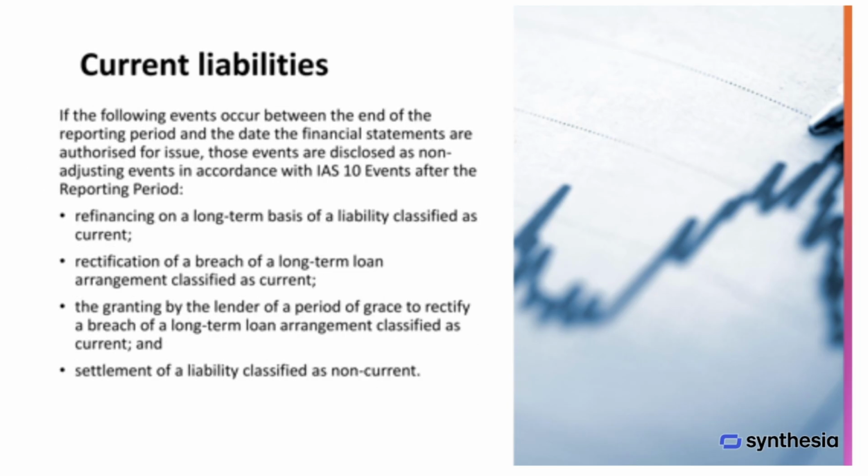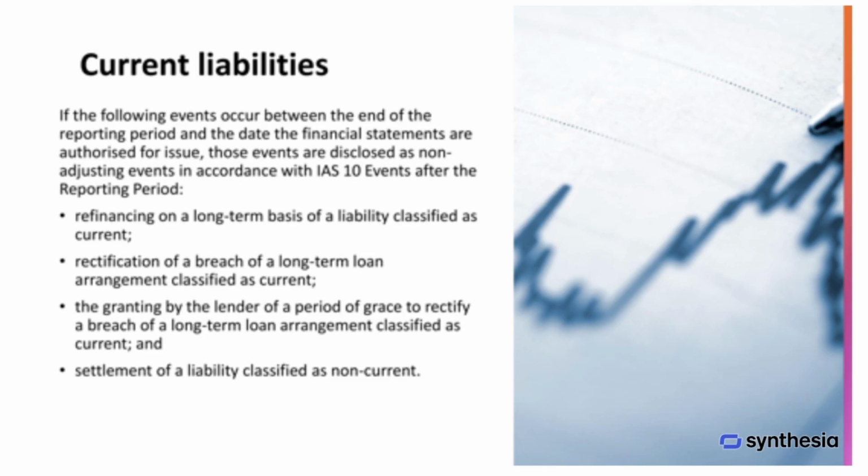According to IAS 10, events after the reporting period, if certain events occur between the end of the reporting period and the date the financial statements are authorized for issue, they are disclosed as non-adjusting events. These events include the refinancing on a long-term basis of a liability that was classified as current, the rectification of a breach of a long-term loan arrangement that was classified as current, the granting by the lender of a period of grace to rectify a breach of a long-term loan arrangement classified as current, and the settlement of a liability classified as non-current.